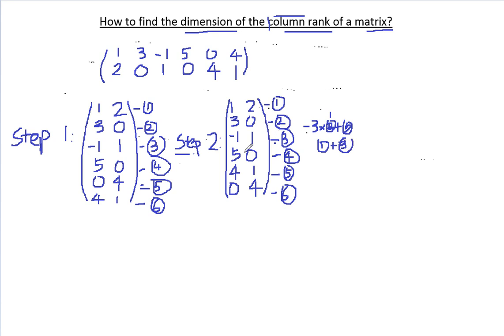To eliminate this, it is minus 5 times row 1 plus row 4. And to eliminate the 4 here, it's minus 4 times row 1 plus row 5.